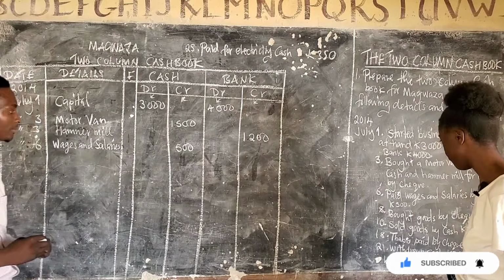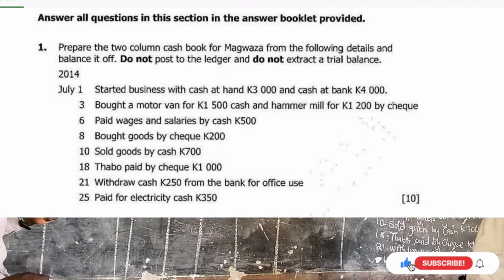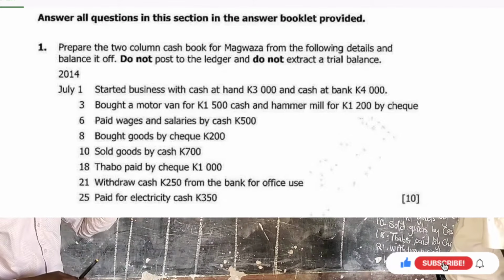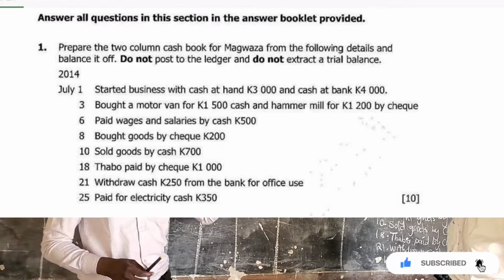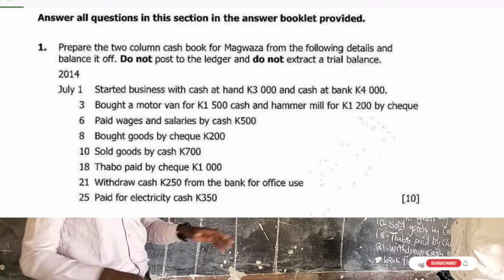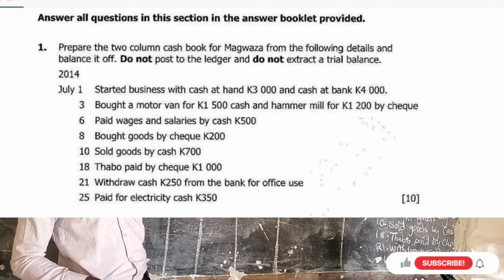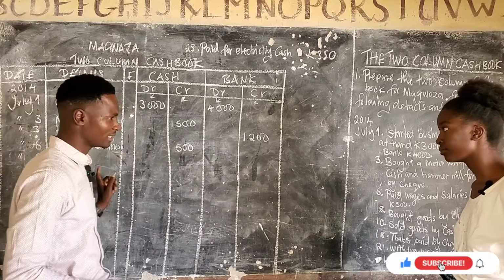Next. Bought goods on 8th July by check. They haven't specified the type of goods we purchased, so they just said goods or stock in general. If they write like that in general, what are we going to write in the details?